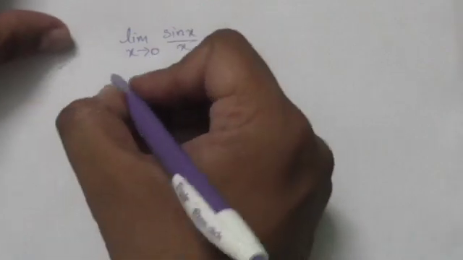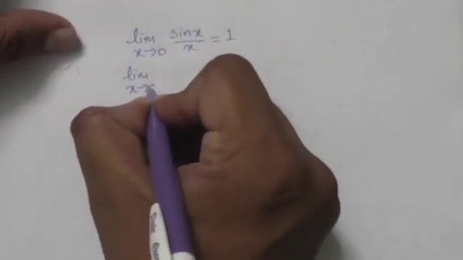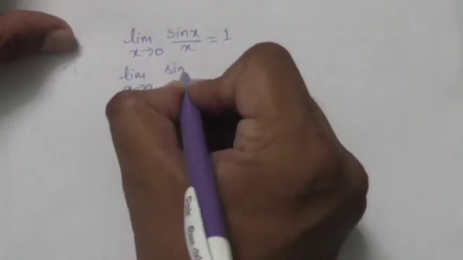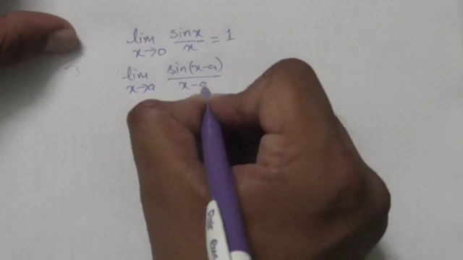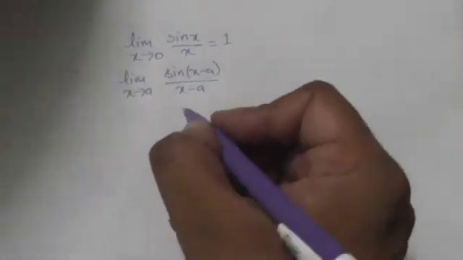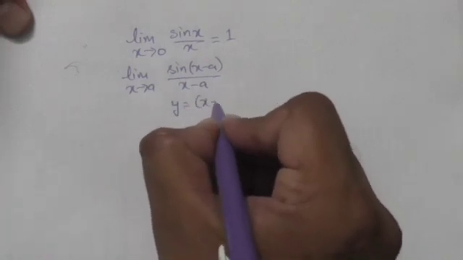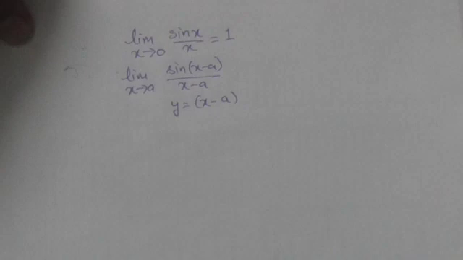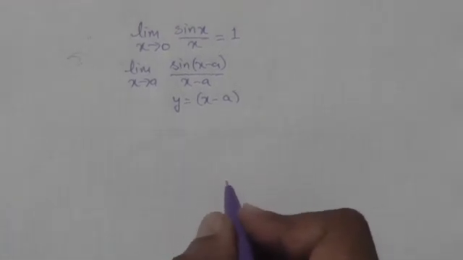Now what will be the value of limit x tends to a sin(x minus a) upon x minus a? Suppose let us consider that y is equal to x minus a. We have assumed this.